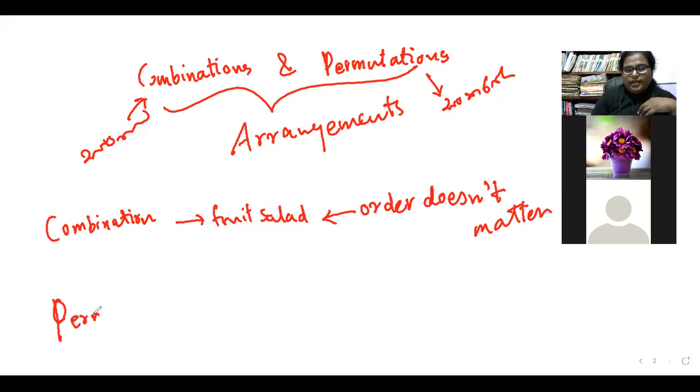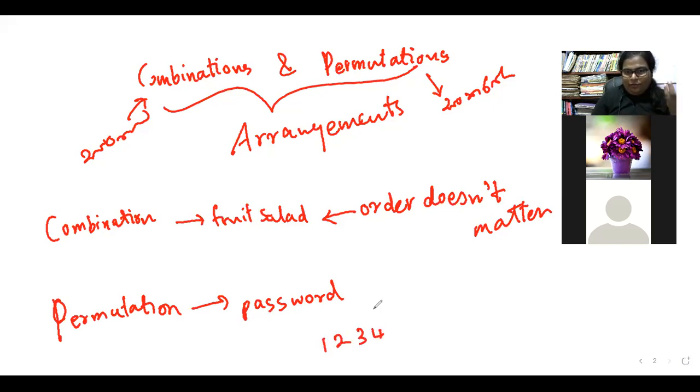And permutations are just like a password. In a password, the order definitely matters. When you give a password like 1 2 3 4, and then you enter 1 3 2 4 this way, you can't open your file or your device. Even if one character in the password is changed, we can't access the device.